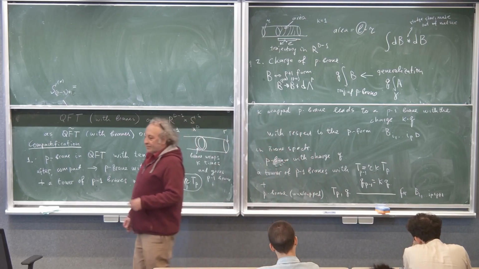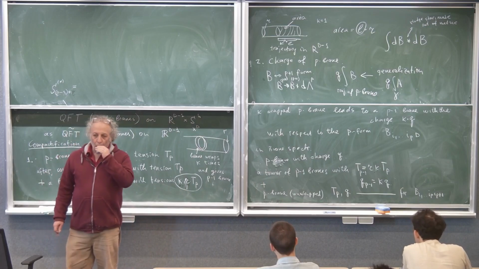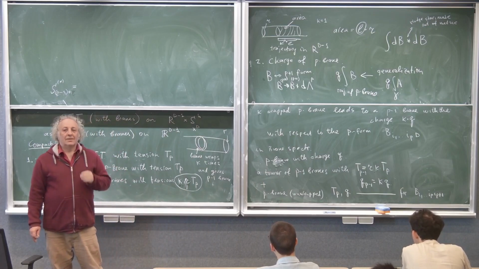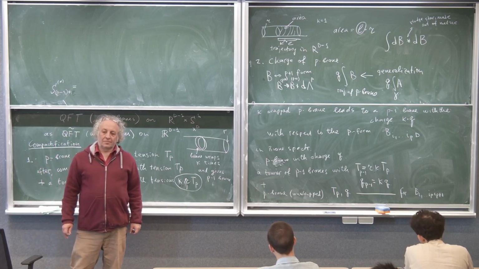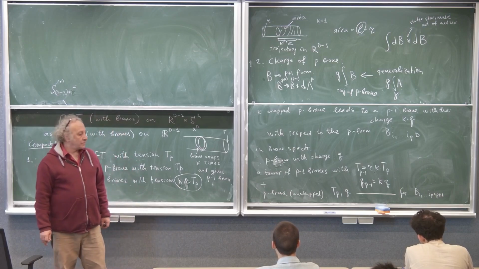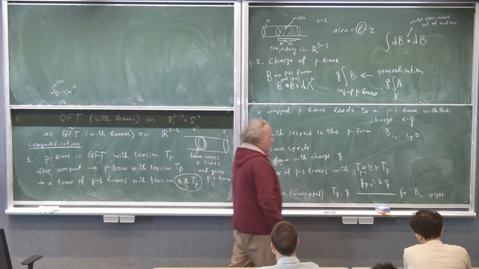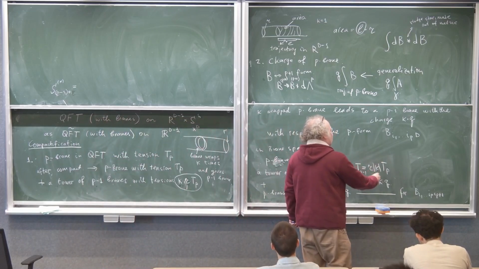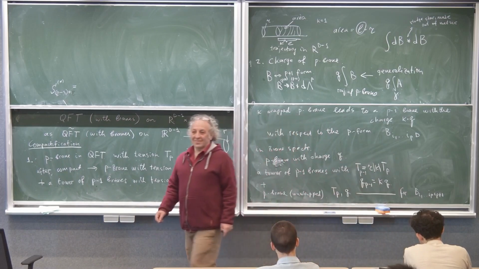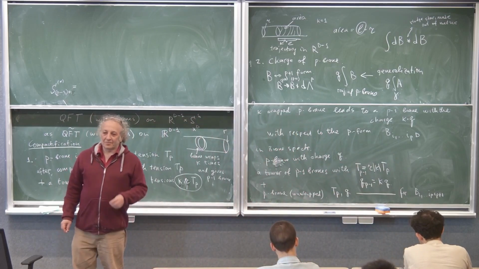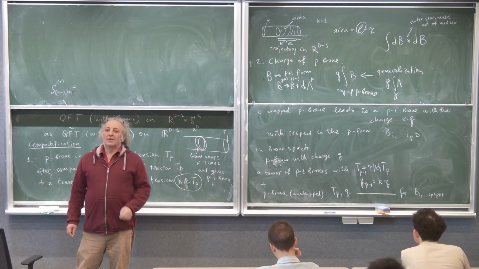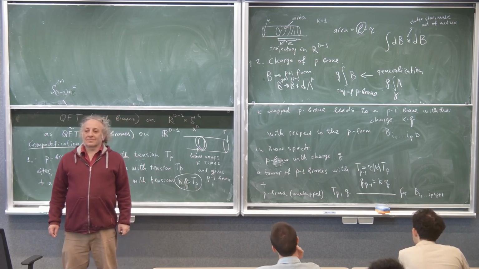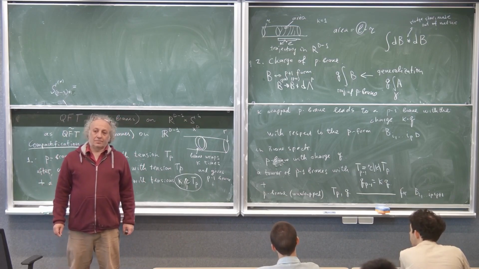Charges can be both positive and negative, since k takes integer values. You can wind in one way, or wind in the opposite way. Indeed, we will have particles of the same mass, but for the same mass there will be two particles with exactly opposite charge. Yes, of course.